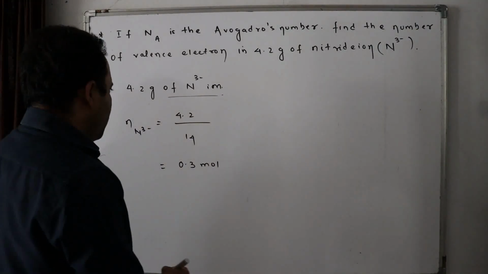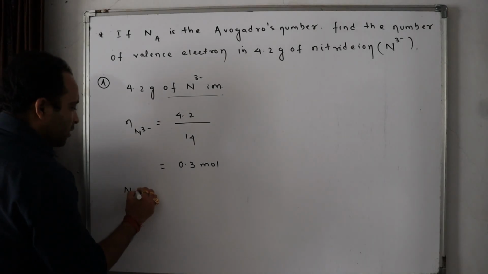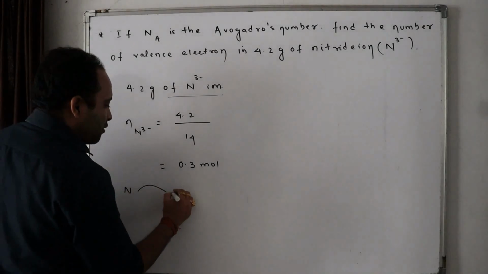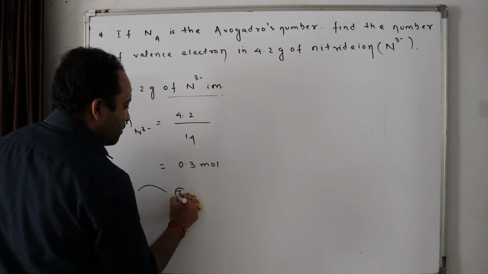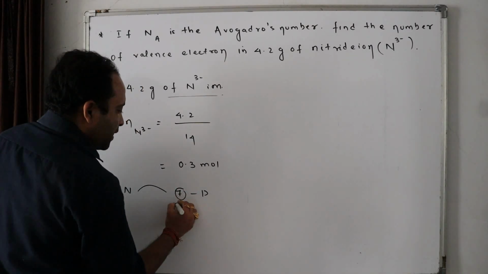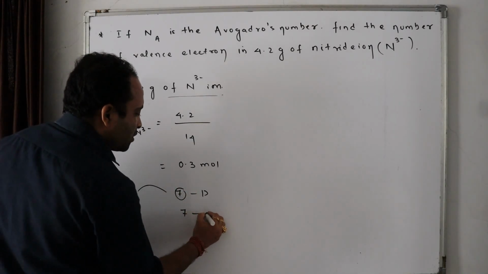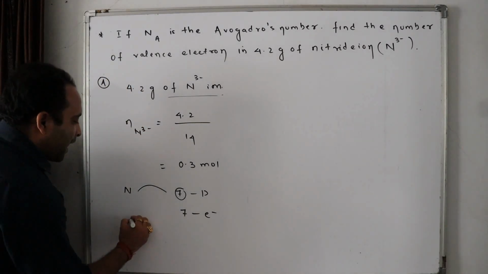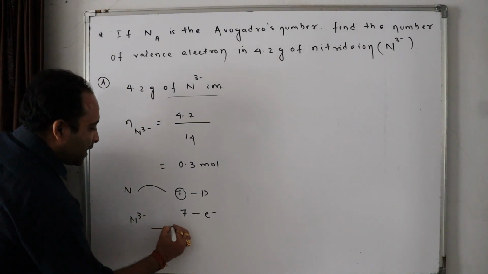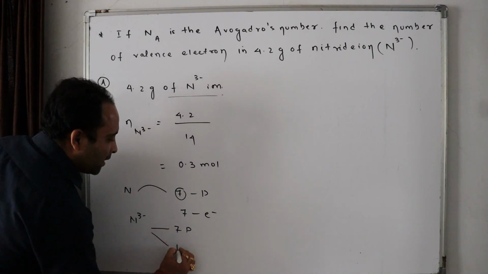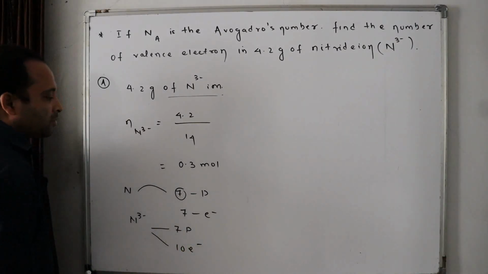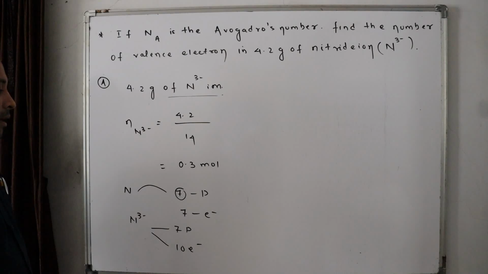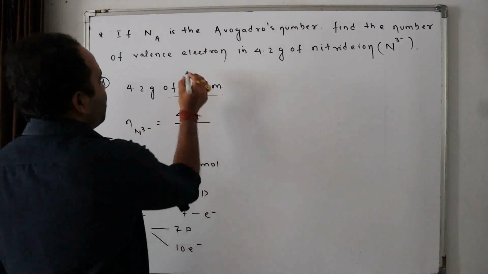Now, here one more thing. Here atomic number of nitrogen is 7. It means it has 7 protons. That means it will be having 7 electrons too. Now, nitride ion has 7 protons, but it also has 10 electrons, isn't it? Now, it has asked the valence electrons.